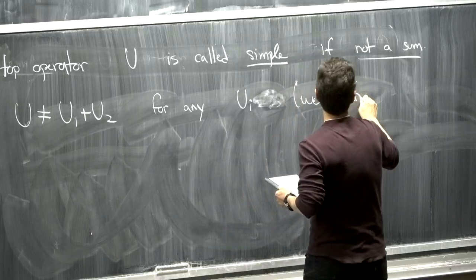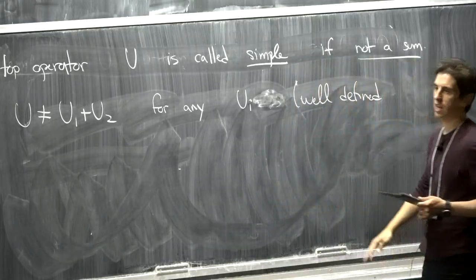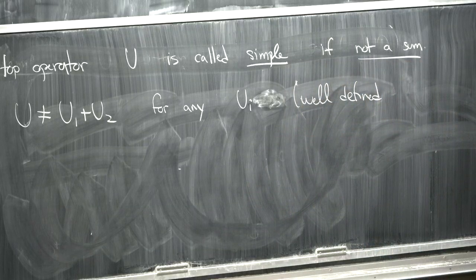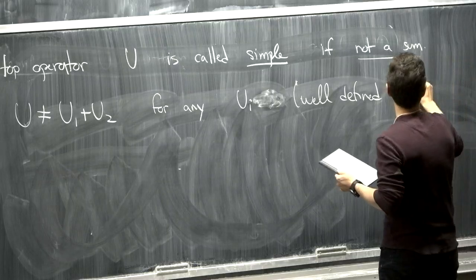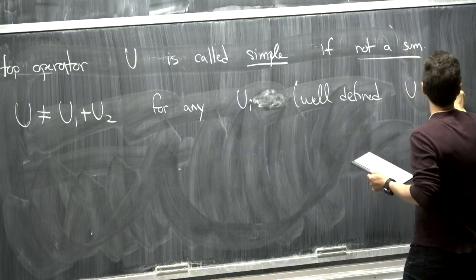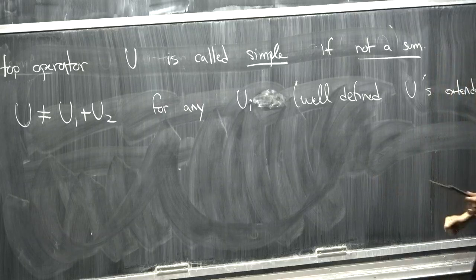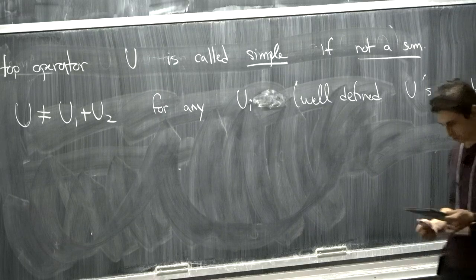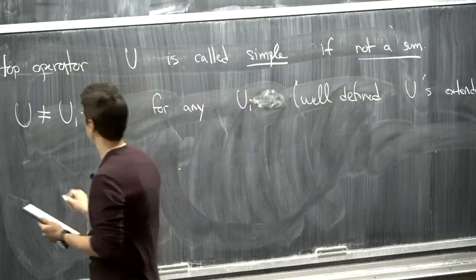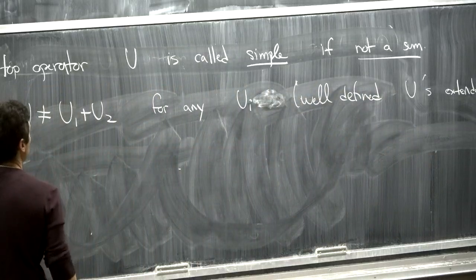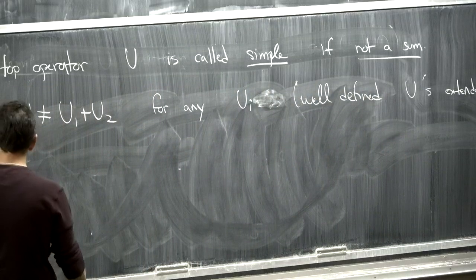It's a well-defined notion. Once we're outside the dimension where we had this problem in quantum mechanics. So in quantum mechanics, we could take general linear combinations. There seemed to be nothing restricting us. So this is well defined if the U's are all extended. So lines, surfaces, etc., but not points. Okay. So some examples of simple operators.